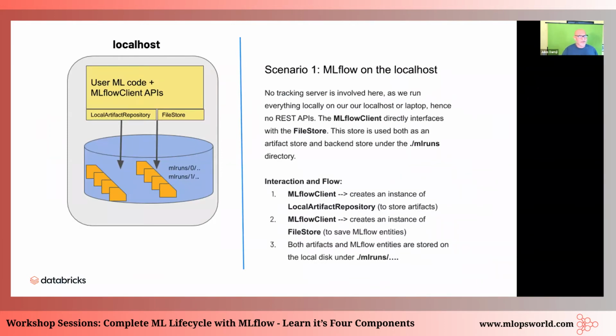So scenario one is that you want to use localhost. You're typing stuff locally, and you're going to use it. When you use the MLflow code, all the experiments are going to be stored locally on the disk. The client will use the local artifact repository to store all the artifacts, and all the runs are stored in the local file store in the file system.